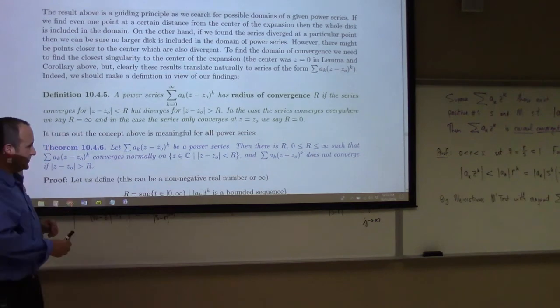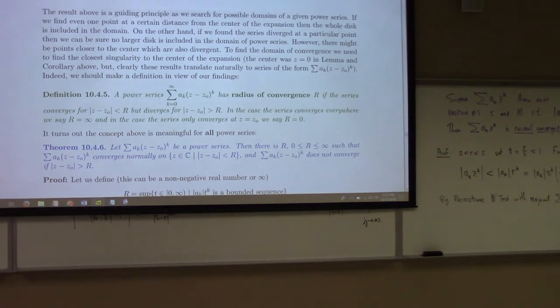Let this be a power series. Then there is a radius, either 0 or infinity or something finite, such that the power series converges normally on the disk of convergence.